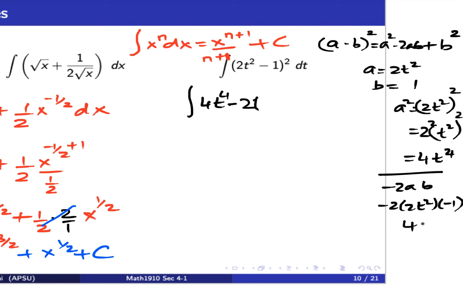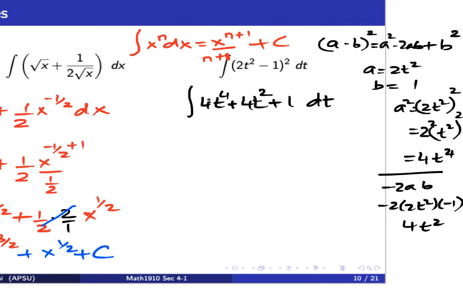What do you get? Minus 4t squared. So let's write down the values we got here: 4t to the 4, minus 4t squared, and then plus b squared, that means 1 squared, plus 1 dt. Remember, we just have to be consistent with the variables.